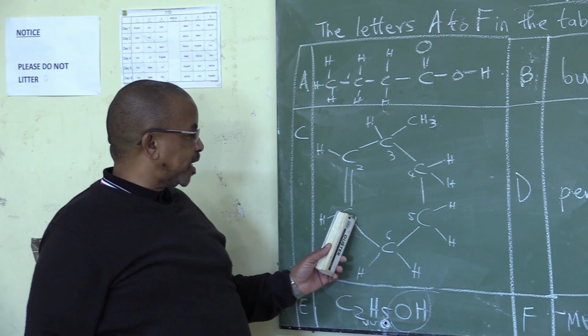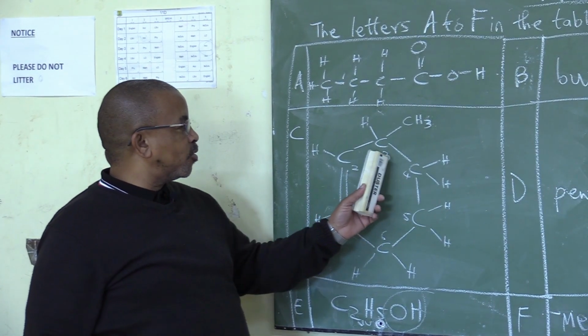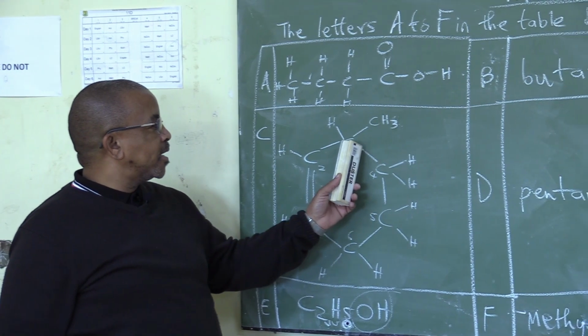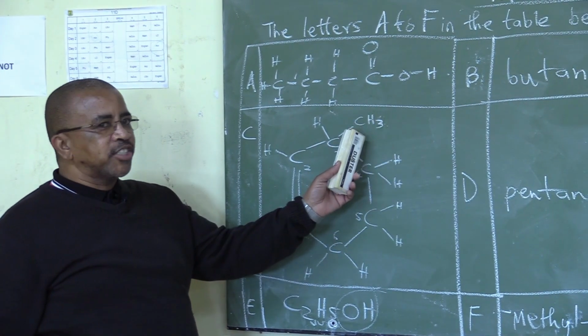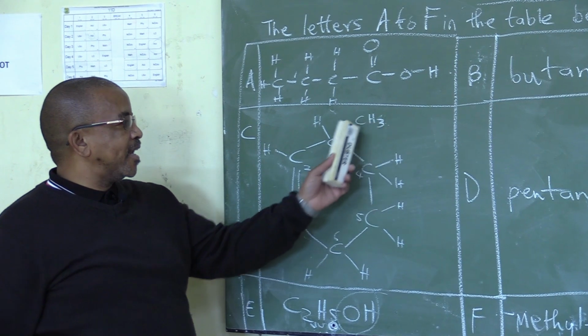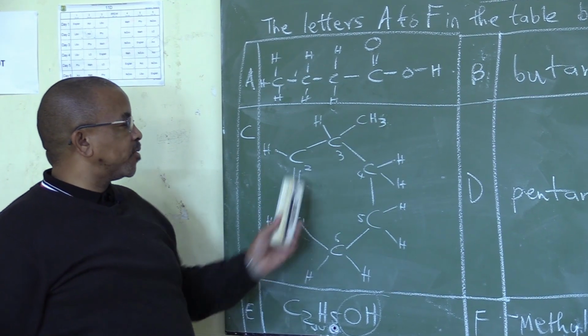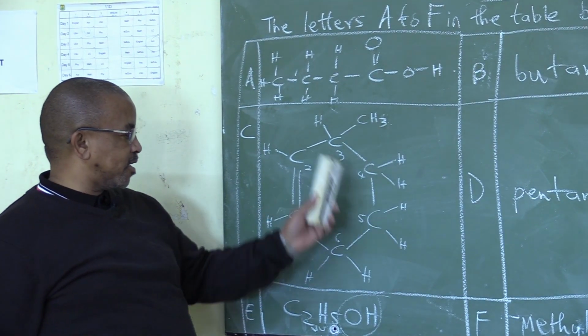With a double bond you start at the carbon and say 1, 2. Why go this way? Because the methyl side chain must be close to the functional group, so you say 1, 2, 3 and so on.